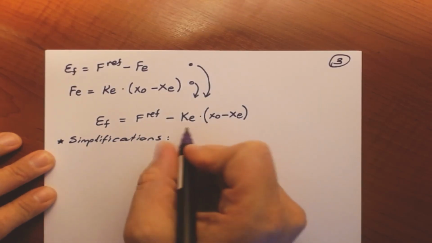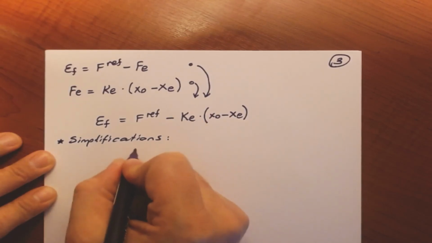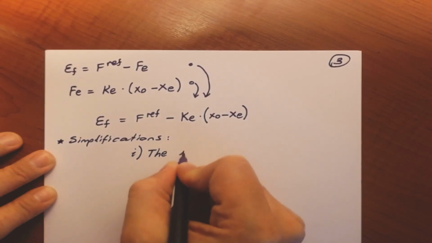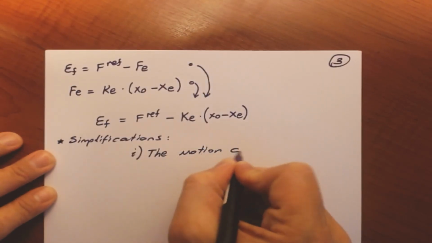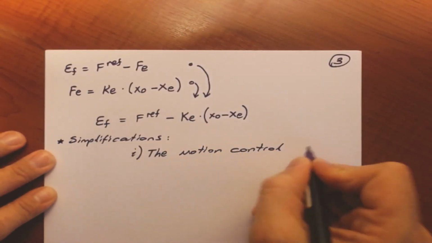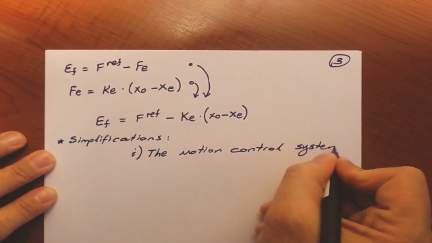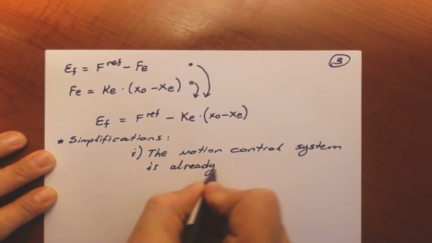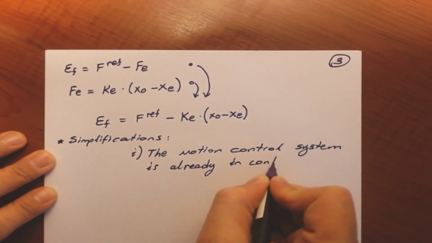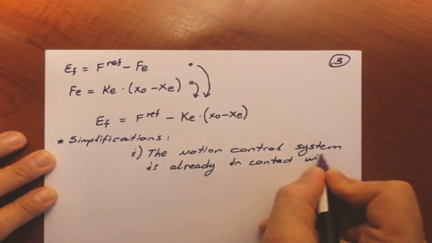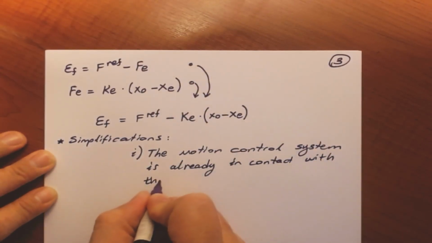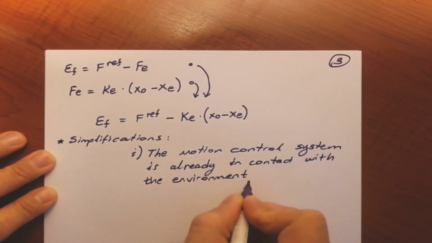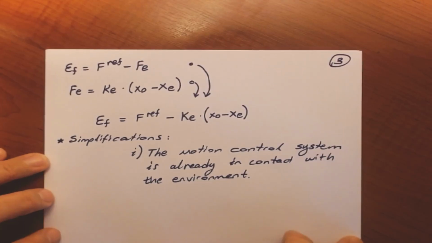If I assume that the motion control system is already in contact with the environment, let me take this as a granted assumption.